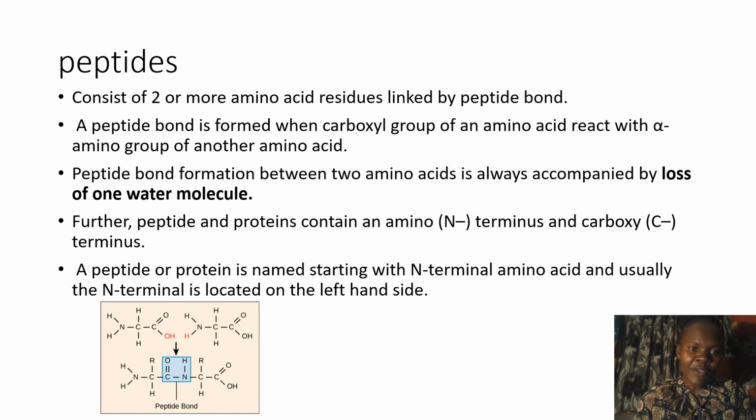We have the central carbon, the hydrogen, and the carboxyl terminal end. This is the R side chain. Carboxyl, amino: the carboxyl terminal end of the first residue and the amino terminal end of the second residue. A peptide bond is forming. At this point, you can see the OH and H in red. A water molecule is released. That is how a peptide bond forms.